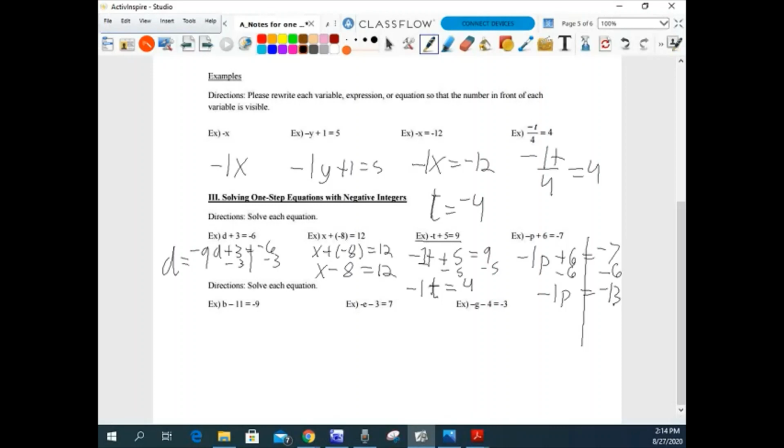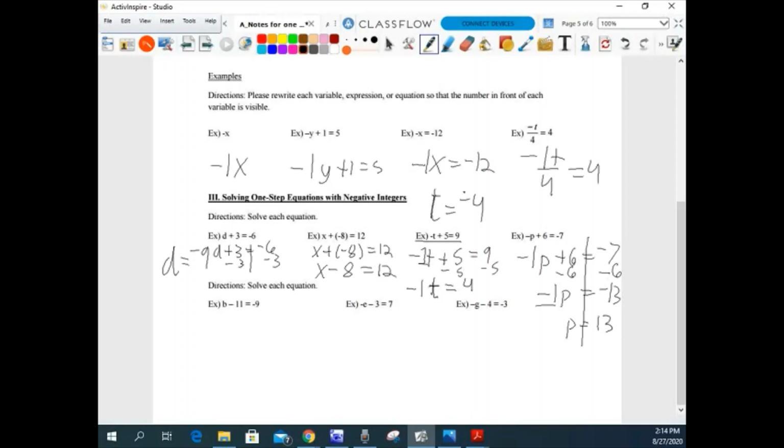I need to get rid of this negative 1. To do that, let's rewrite my p. All I do is flip whatever my sign is right here from where it was. So right here it was negative, now it's going to be positive. Over here it did the opposite. It was positive, and then it went to being negative.